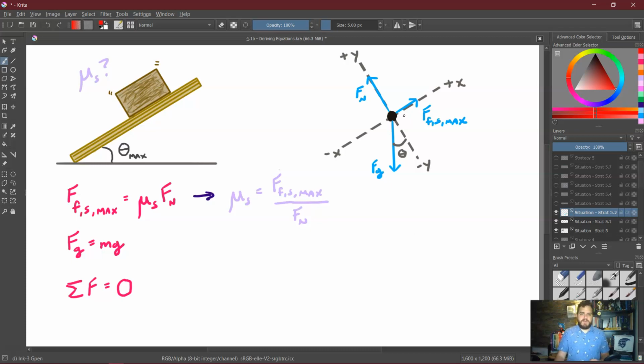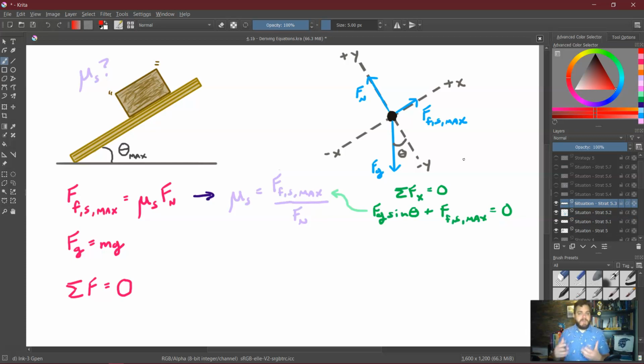And we see that the static friction force, which is going up the incline, is balanced by the x component of gravity, and the normal force is balanced by the y component of gravity. Well, if I need to figure out what these two pieces are, I need to utilize Newton's first law in each dimension. Let's start off with Newton's first law in the x dimension.